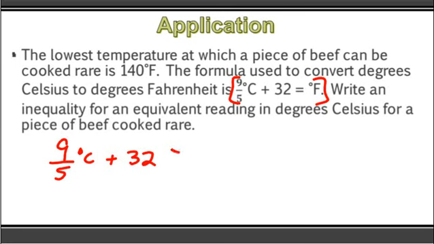So it's got to be greater than or equal to 140 degrees Fahrenheit. But since they gave us the degrees Fahrenheit, I can plug that into our inequality. So this would be our inequality for an equivalent reading in degrees Celsius. So that is our lesson today on translating into inequalities.